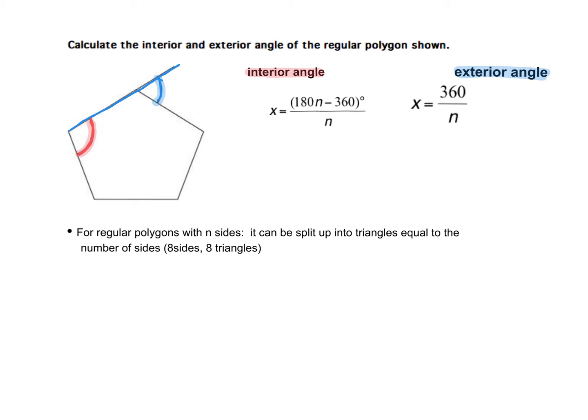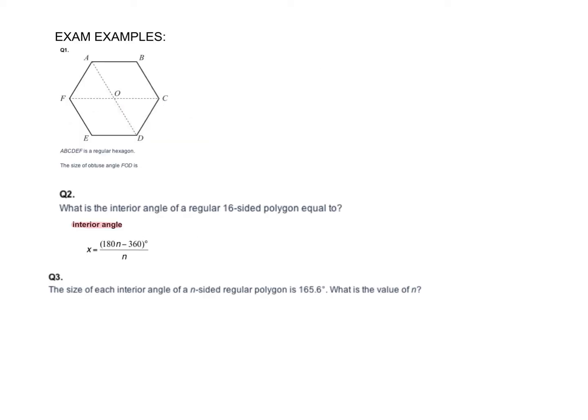Down here is that little fact they're talking about, that for a regular polygon, you can divide it into that number of triangles. So say this pentagon, because I think it's 5, can be divided into 5 equal triangles, just so that you know that. And as I said, they're doing that so that you can work out those top angles. So let's do a couple of questions.